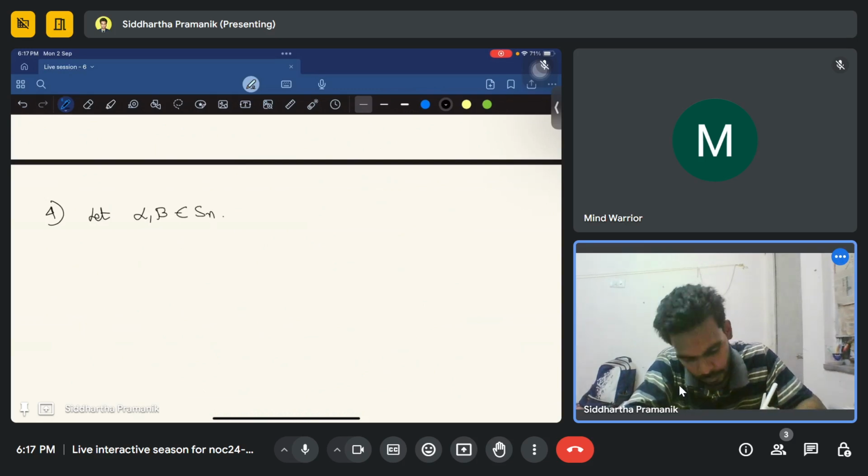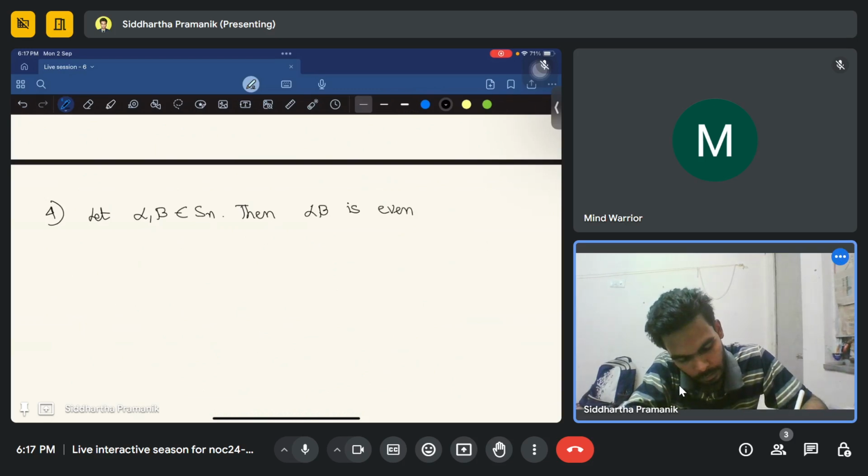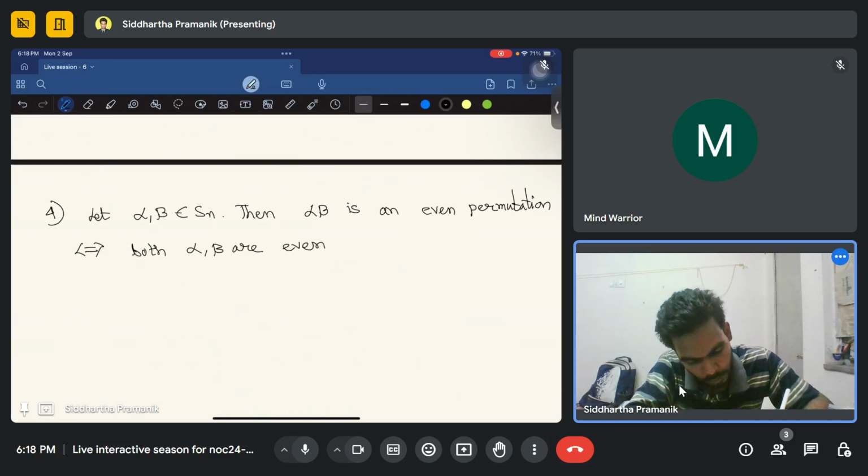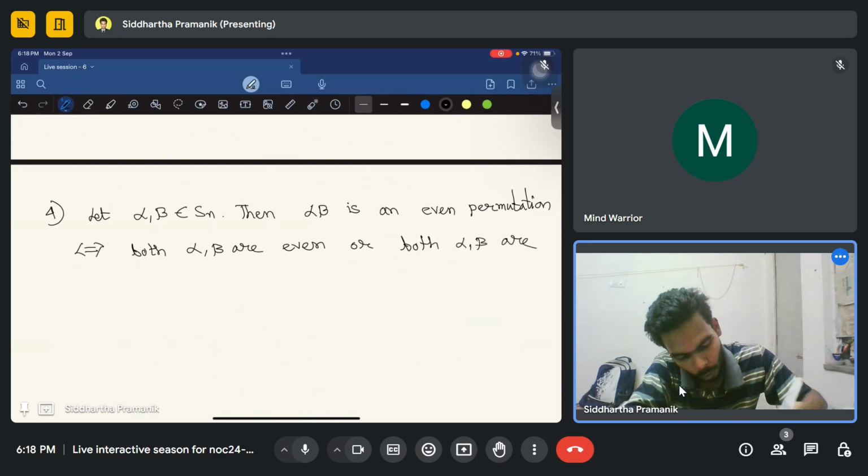Then this product is an even permutation if and only if both alpha, beta are even or both alpha, beta are odd.